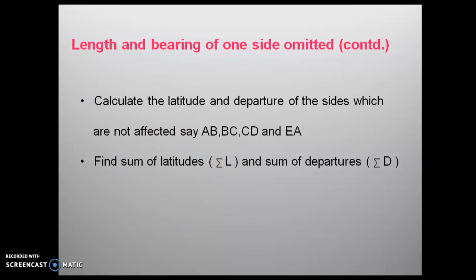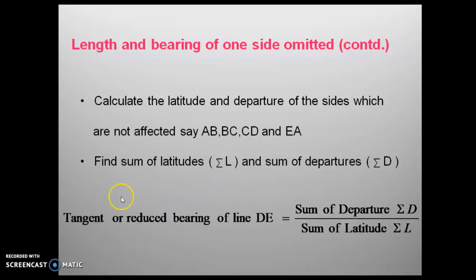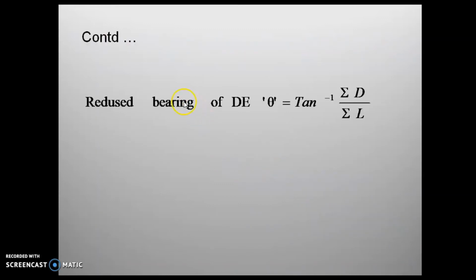And the sum of departures as well. Then the tangent of the reduced bearing of line DE is the sum of departures divided by the sum of latitudes. From that you can find the bearing. Reduced bearing of DE, theta, equals tan inverse of sum of D divided by sum of L.